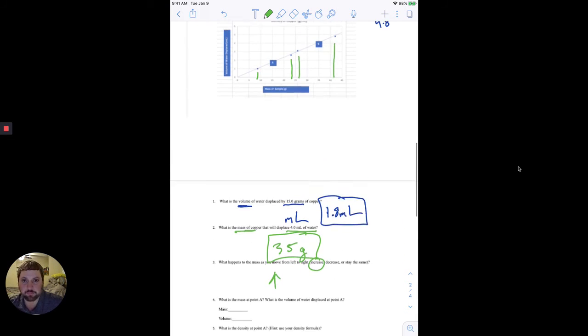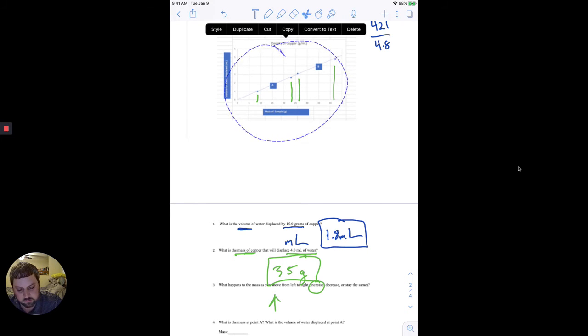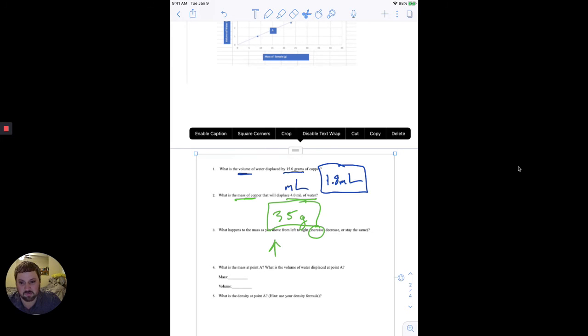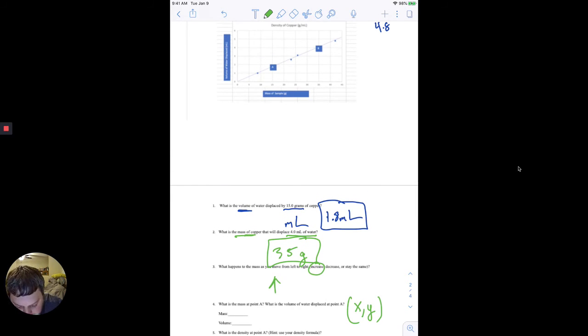Let's look at number 4. Again, let's get some of this stuff out of the way so we can see this a little bit better. But when we look at number 4, we're looking for the mass and the volume at point A. Well, when we look for the mass and the volume, this is just an ordered pair. So let's find point A, and let's find our x.